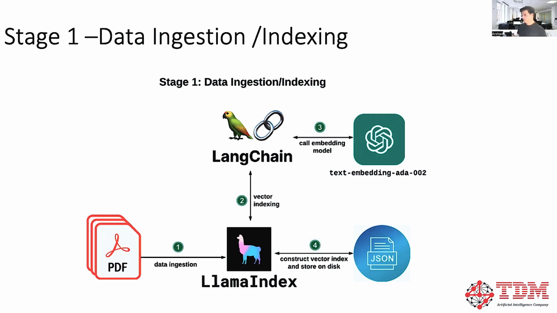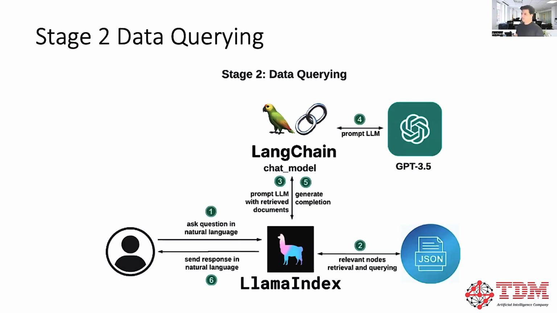Step number 1 will be LangChain and LlamaIndex integration. LangChain will get into ChatGPT or OpenAI, and LlamaIndex will take your content and construct a vectorized index. That's what it's going to do here. And then there is open-form natural language prompting by the users, so they work together.